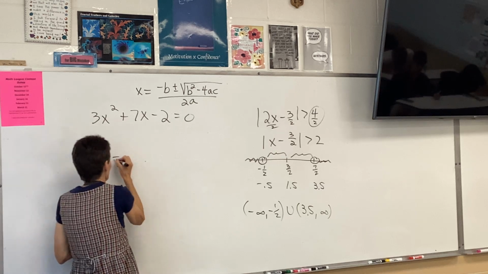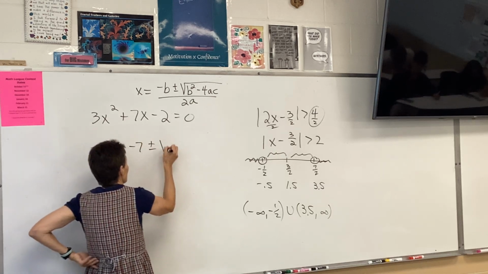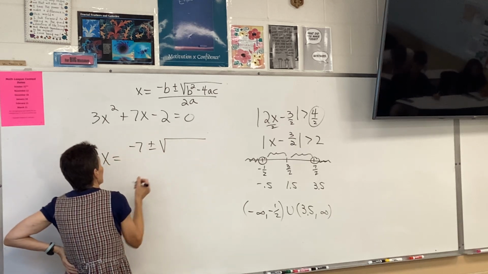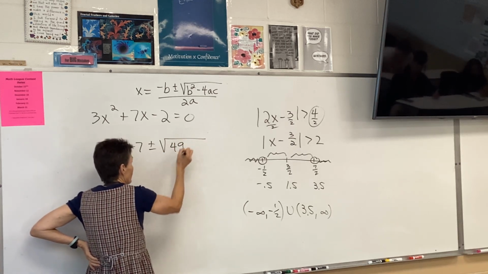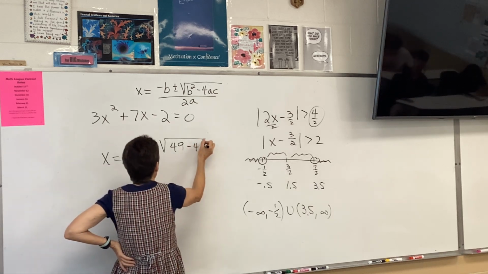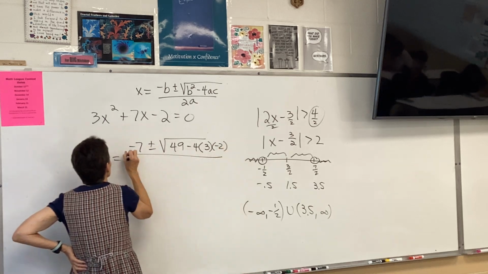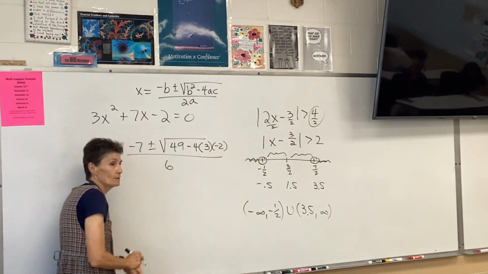So what does x equal in our case? X equals -7 plus or minus the square root of 7 squared. I'm just gonna write 49, but it's 7 squared minus 4 times a times c, all over 2a.